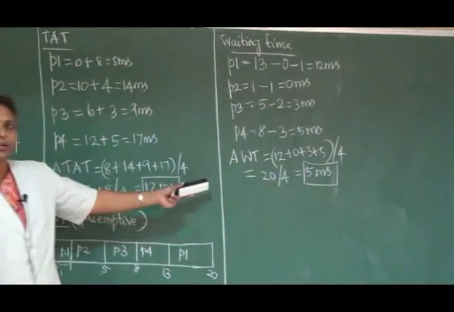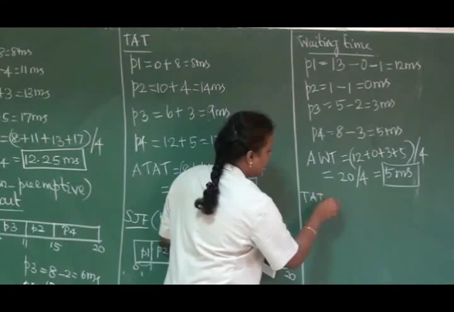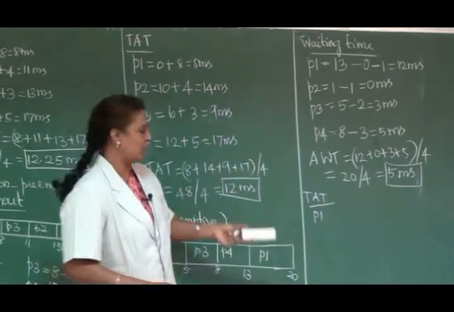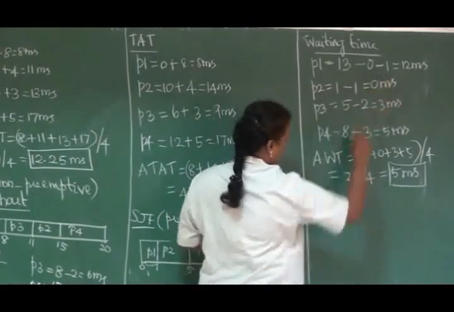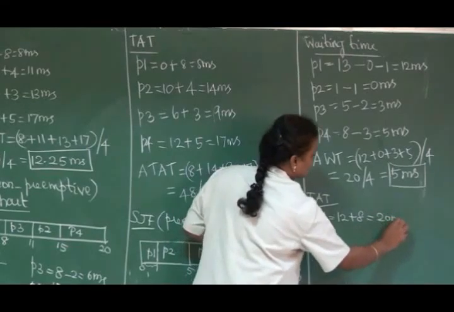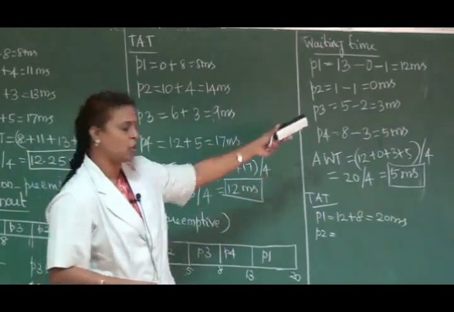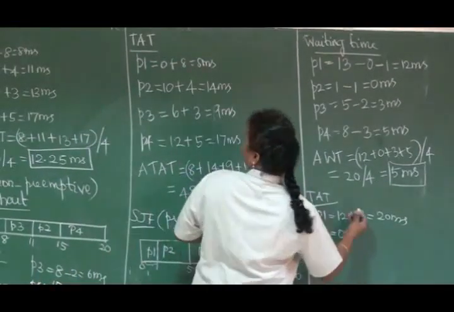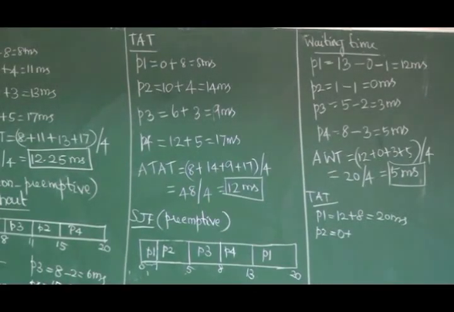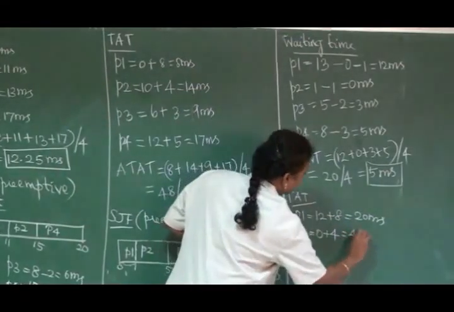So now we have to calculate the turnaround time. Turnaround time for process P1 is nothing but waiting time plus burst time. So P1's waiting time is 12 milliseconds, so 12 plus its burst time 8, so it is 20 milliseconds. Then for P2, its waiting time is 0 and its burst time is 4, so 4 milliseconds.